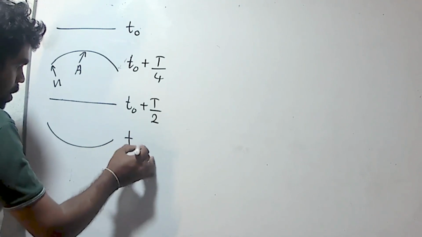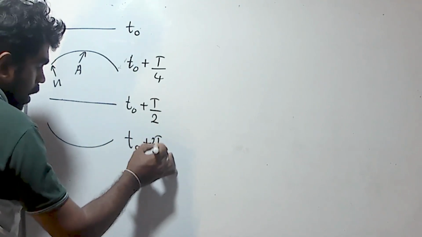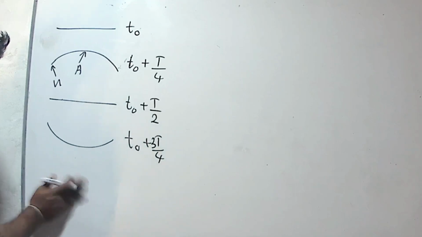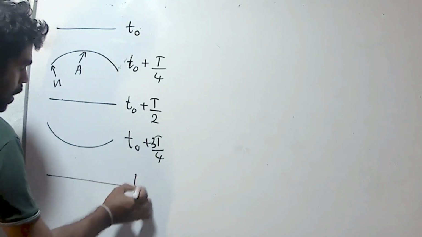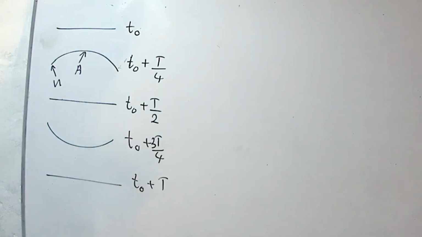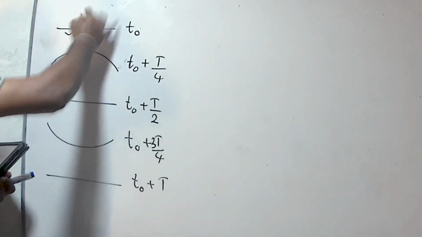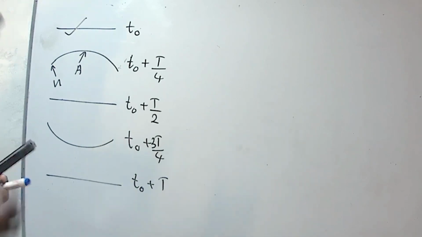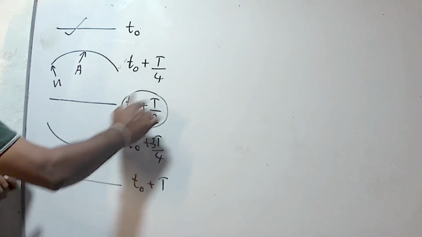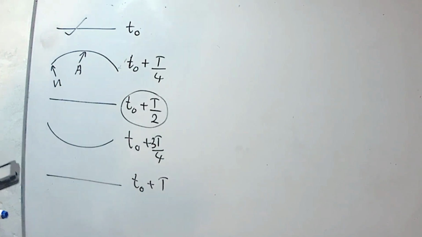When time is t0 plus 3T over 4, it is like this. And when completing a full period, it should be like this. We have been given this situation. We have to get the next situation. Time at the next situation is t0 plus T over 2. Then answer is 2.